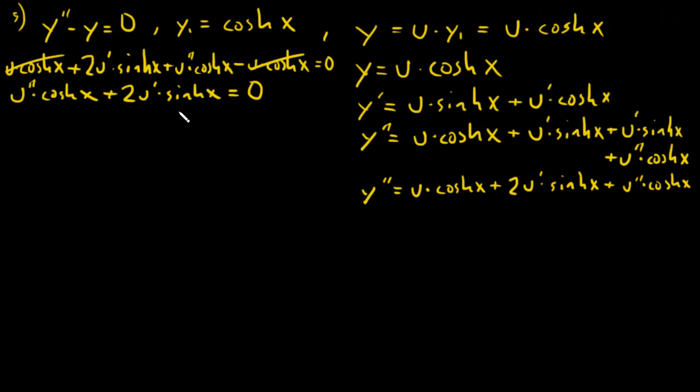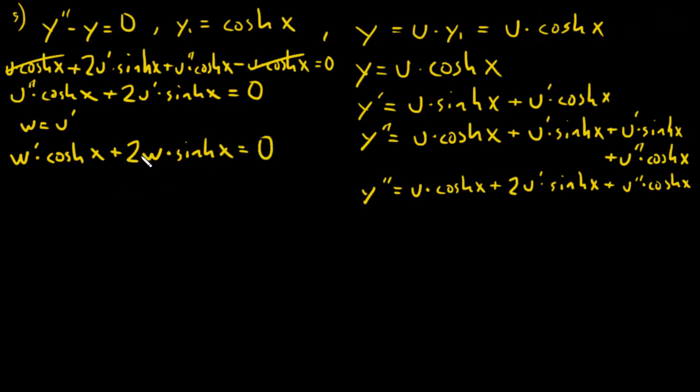Alrighty? Now, I'm going to make a substitution. The substitution is w equals u prime. So this becomes w prime times cosh x plus 2w times sinh x equals 0.